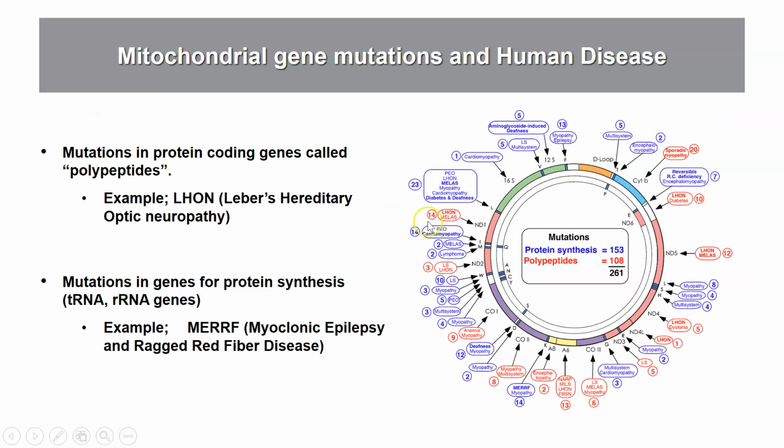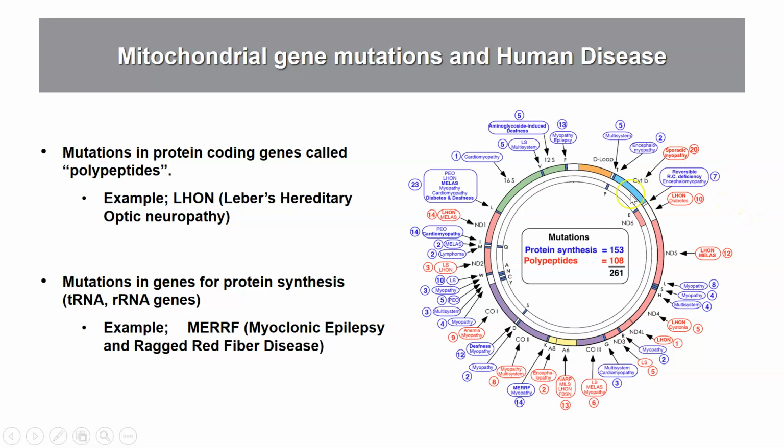First, let's take a look at the human mitochondrial genome shown on this slide. This is about a 16 or 17 kilobase circular genome. This slide shows mutations that fit into two categories: those affecting the process of protein synthesis in mitochondria, and there are 153 known mutations.